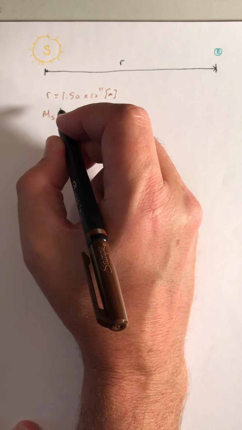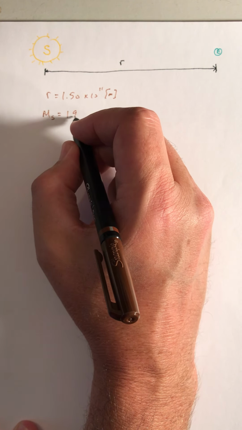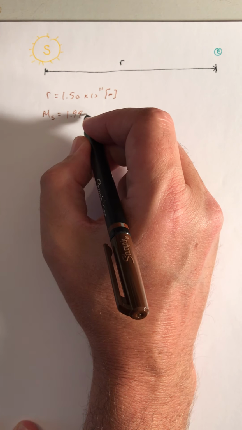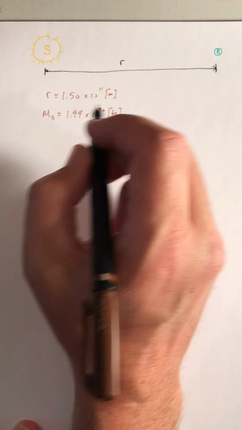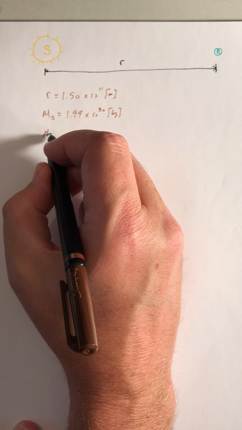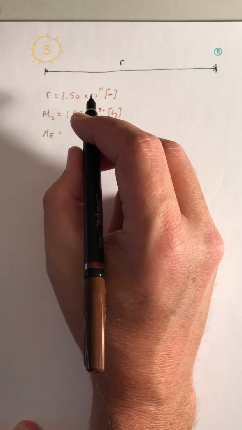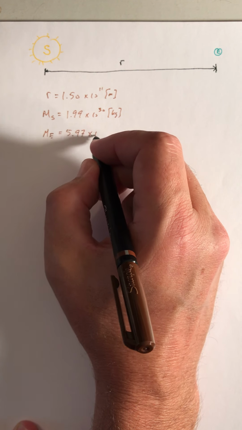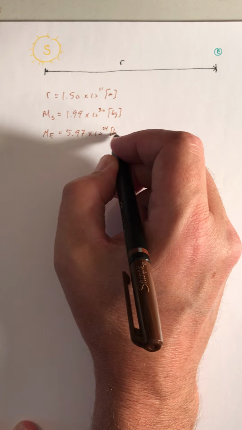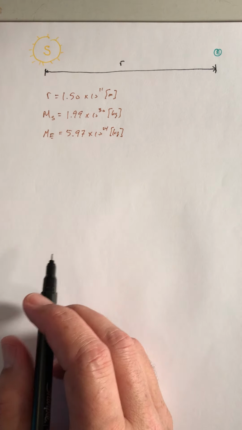Mass of the sun, 1.99 times 10 to the 30th kilograms. And home sweet home, Earth, mass is 5.97 times 10 to the 24th kilograms.